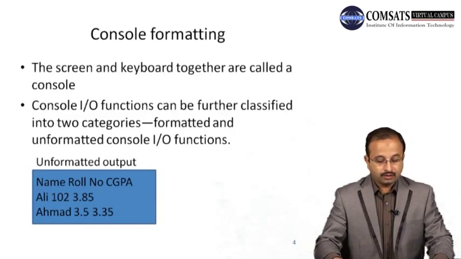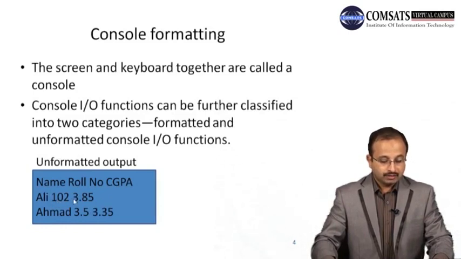This is an unformatted output. If you consider it in table form, you have a name, roll number and CGPA, three fields, and this is one record containing three fields. The name is Ali, roll number is 102, CGPA is 3.85.